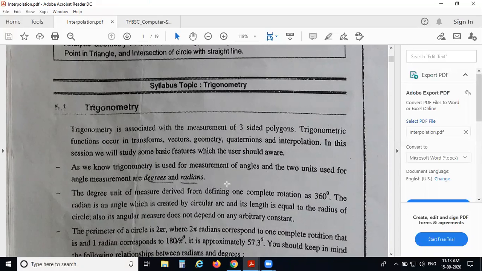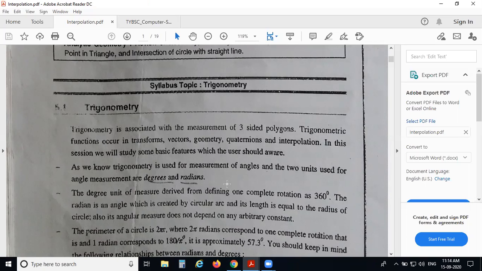Just like the measurement of temperature uses units such as degree Celsius or Fahrenheit, trigonometry measures angles with the units degrees and radians.